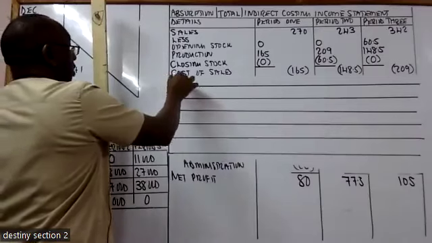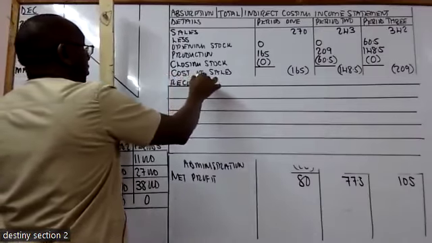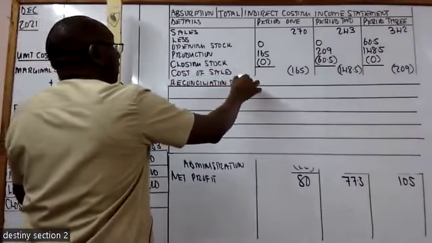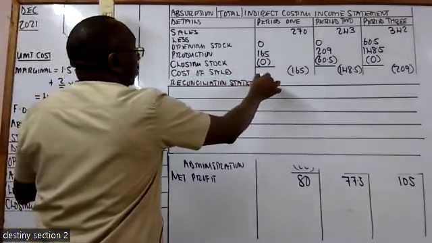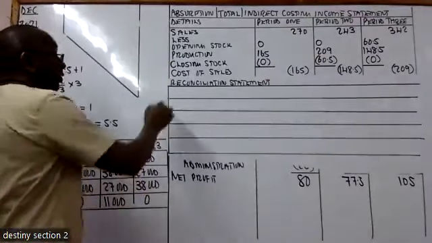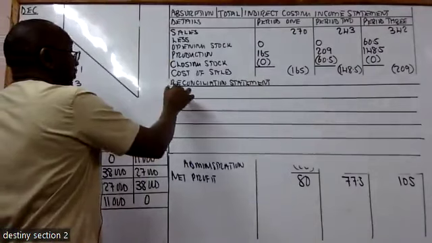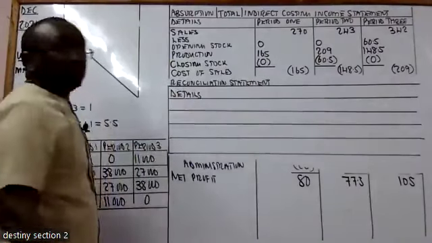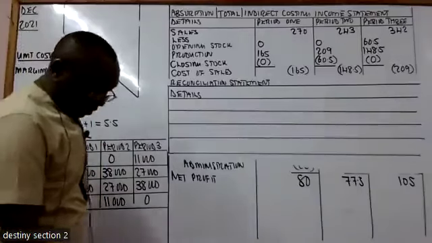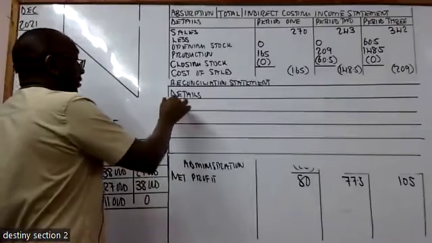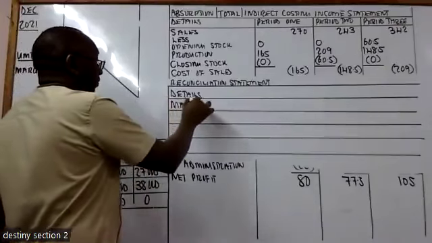I told you the reconciliation statement has 4 items. And if you are not very sure which one to add or less, you can be non-committal like this. You just tell us marginal profit.